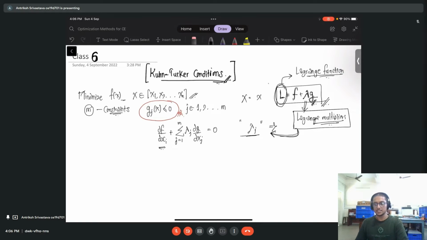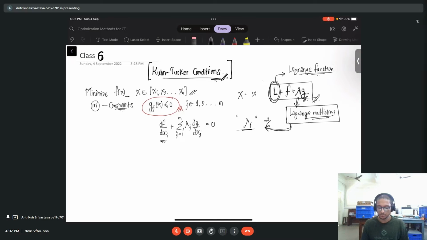While deriving these Kuhn-Tucker conditions, first we transform this function by combining the function and the inequalities, and then we make a Lagrange function. This will be f(x) plus lambda_j times g_j. So we actually add all these inequalities.